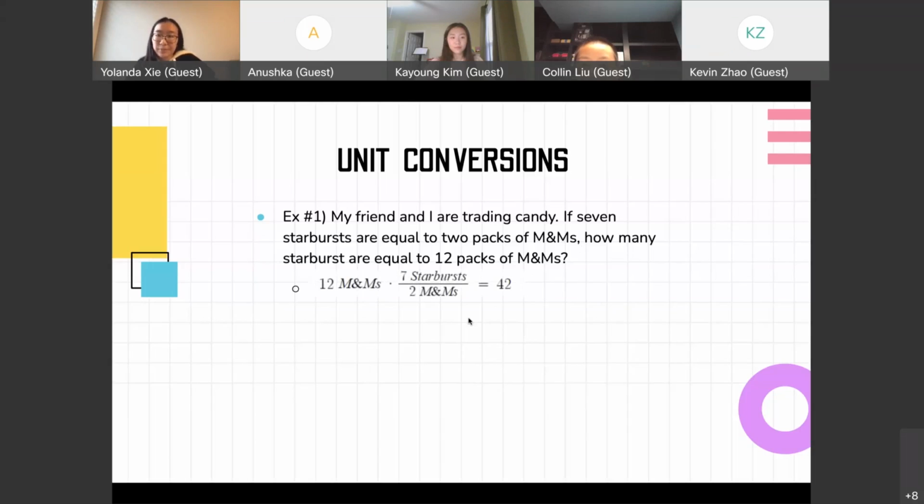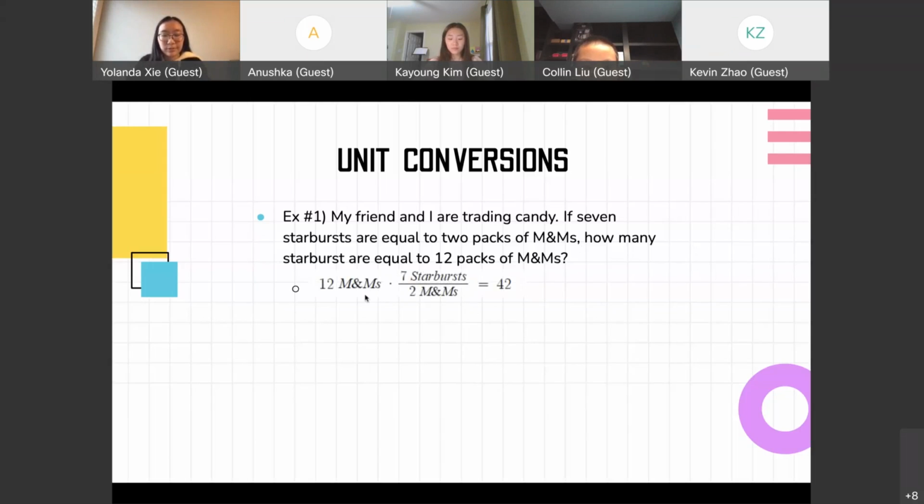So I'm sure you could probably do this one in your head, but we're going to use this other strategy, which is going to help for some more complicated problems. You have 12 M&Ms, and the conversion rate is 7 Starbursts for 2 M&Ms.